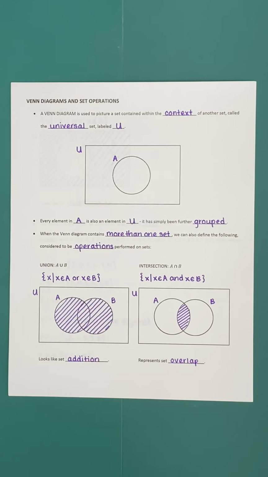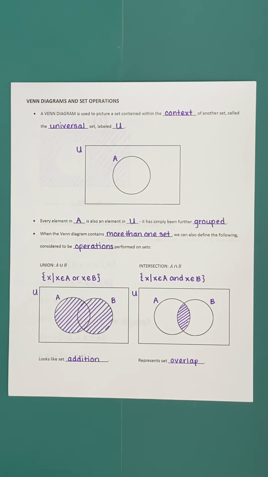So Venn diagrams, most people have seen Venn diagrams at some point in their academic career. I remember, I think, seeing them for the first time, maybe late elementary school, early middle school, something like that. When you see a Venn diagram for the first time, you see it in a very specific form. But fundamentally, the form you're used to seeing it in is not necessarily what a Venn diagram is in the most basic sense.